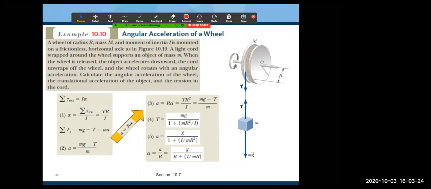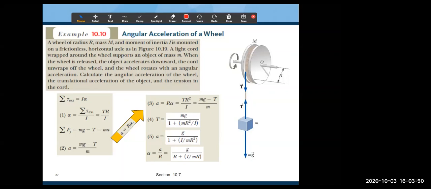I just put an example 10.10 here, and let me try to take a look at the question. Why A_T doesn't have to be divided by L? If you go back to example 10.8, A is the tangential acceleration. It is a linear acceleration.